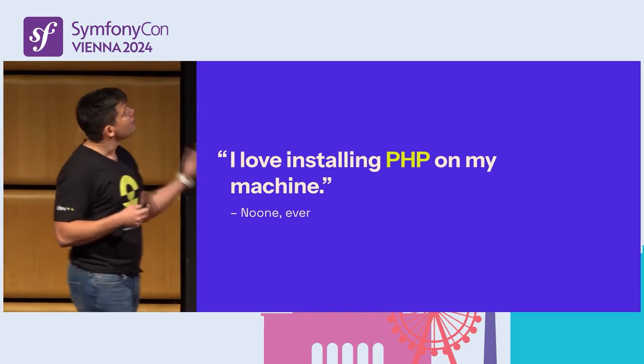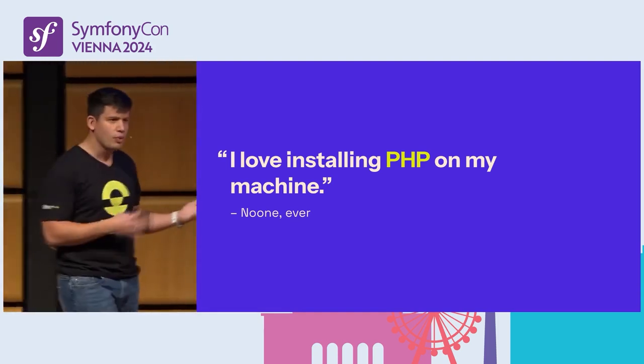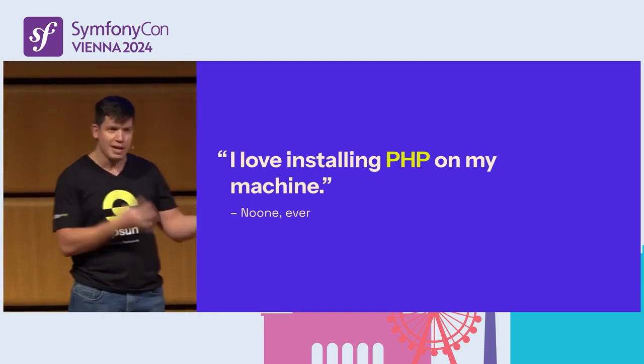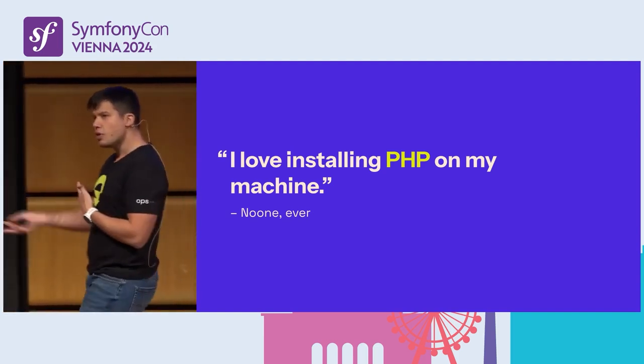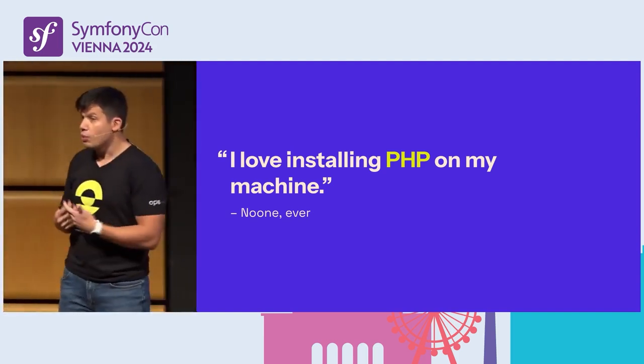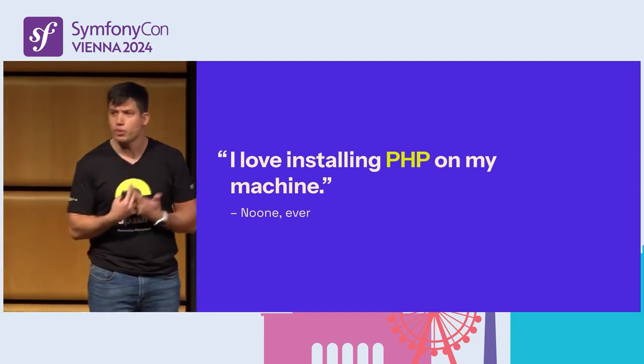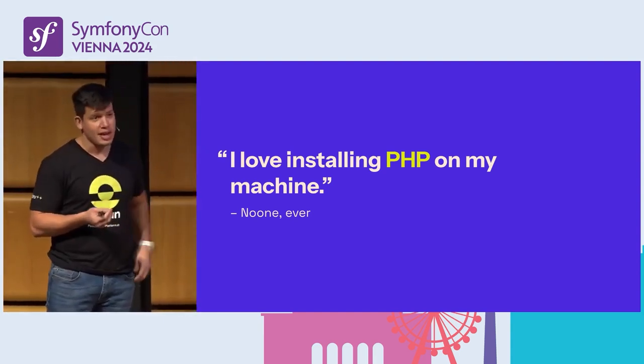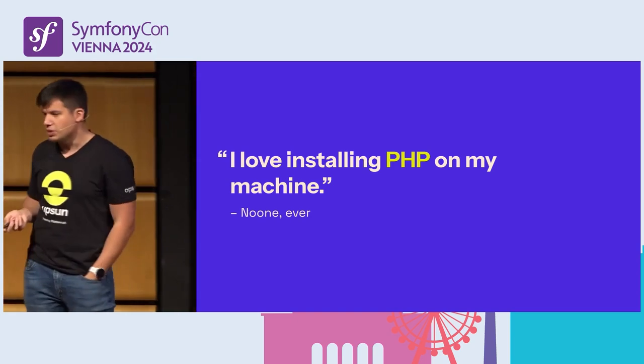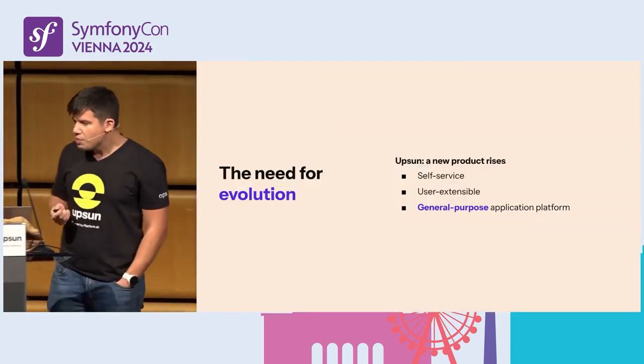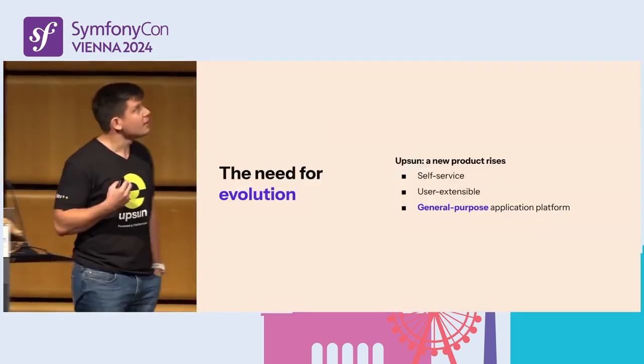This was a huge issue for us, because previously we were targeting mainly PHP developers. Going forward, we wanted the CLI to be easily installed on machines that were not necessarily equipped with PHP, and that made us move forward.